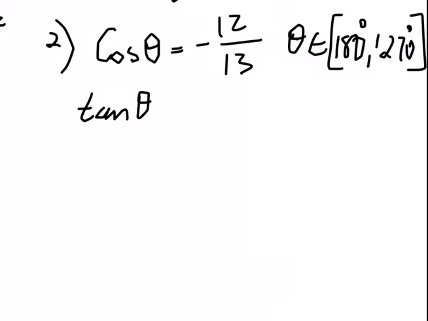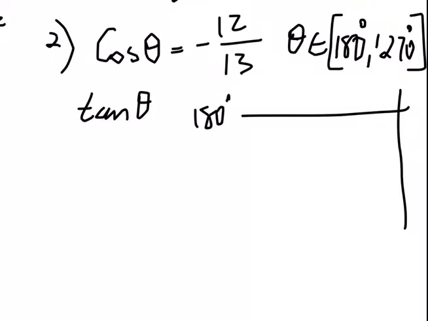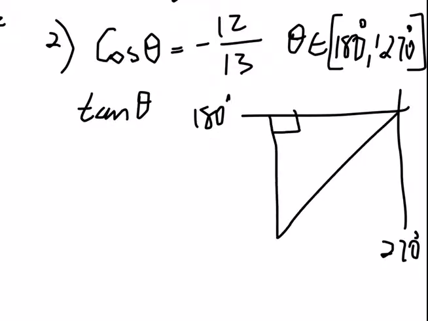Okay, then it's fine. So here, 180 and 270, this one looks straightforward because from 180 degrees to 270 degrees, this is where it is. So that means it is in that quadrant, where we know the ratio for cos.